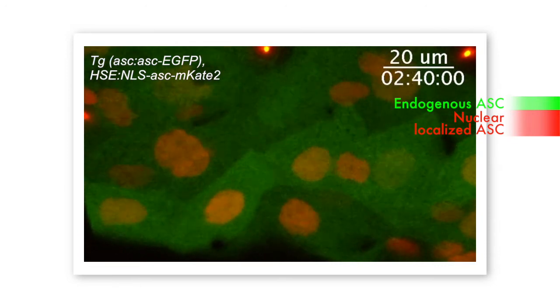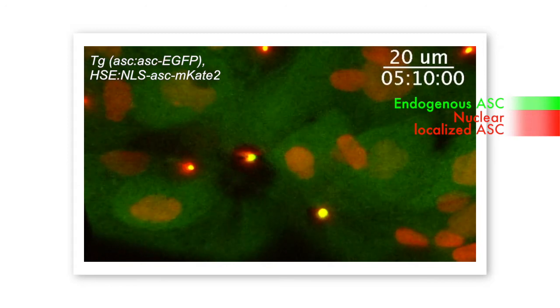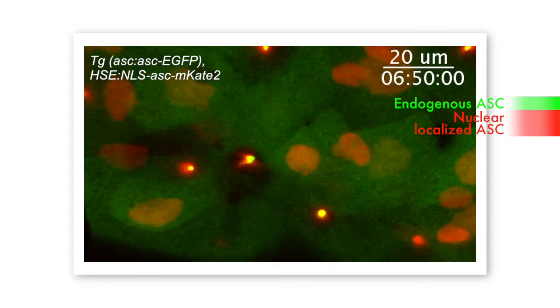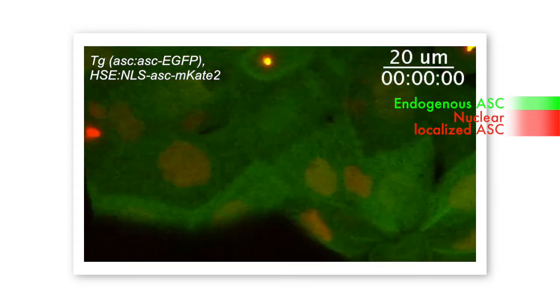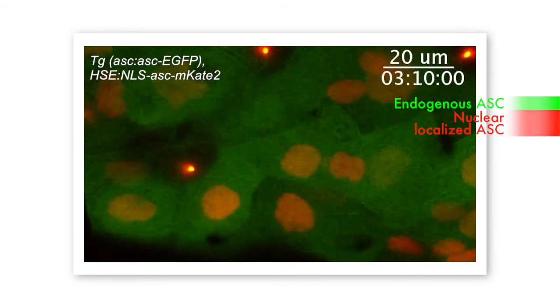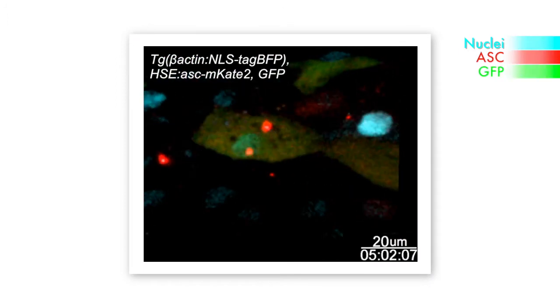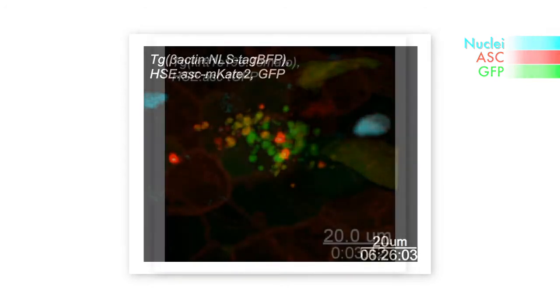So if you see it forming in the nucleus, you can then see that the speck in the nucleus first soaks up the nuclear distributed ASC. And then it even soaks up the cytoplasmic ASC, you can have it both ways. Specks therefore induce rapid keratinocyte death, regardless of whether they form in the nucleus or cytoplasm.